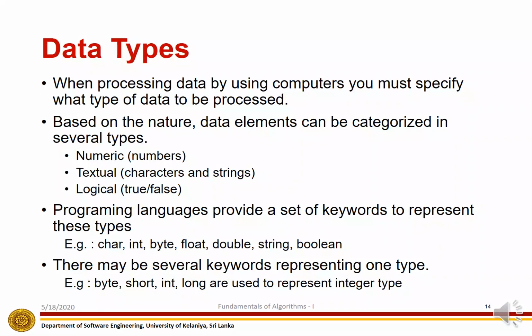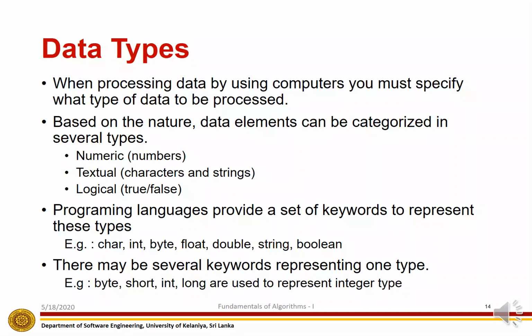In general, we process three types of data. The first one is numeric. It means numbers. The second type is textual. It contains characters and strings. And the third type is logical. It means true or false.